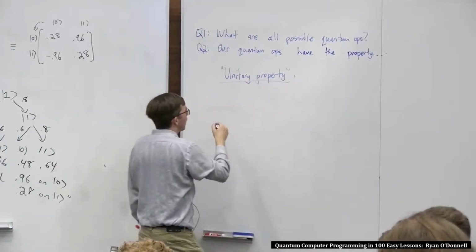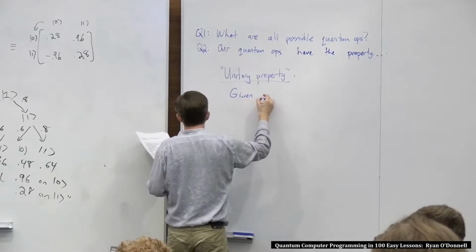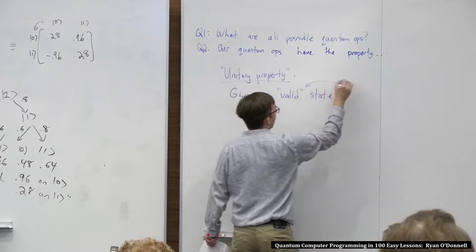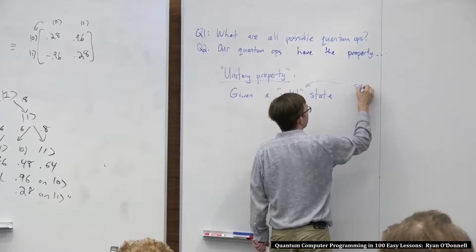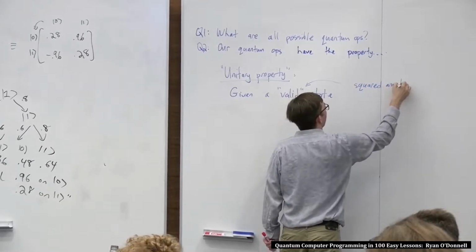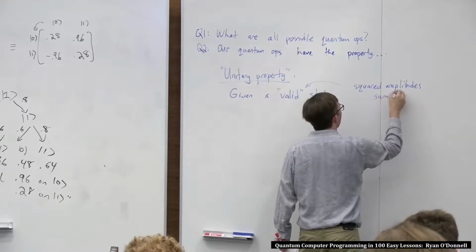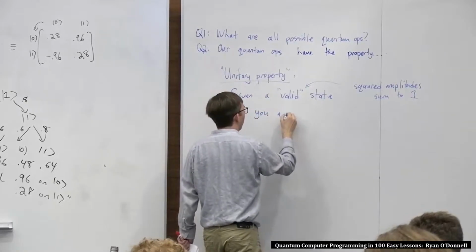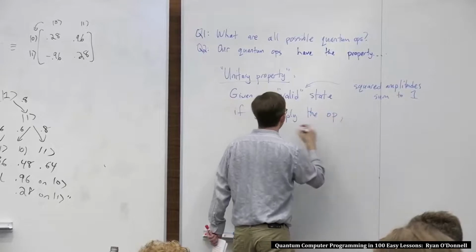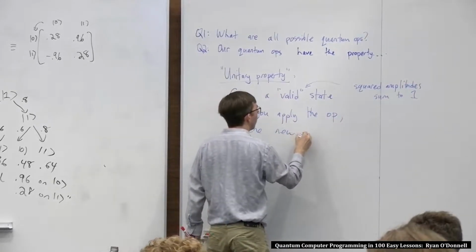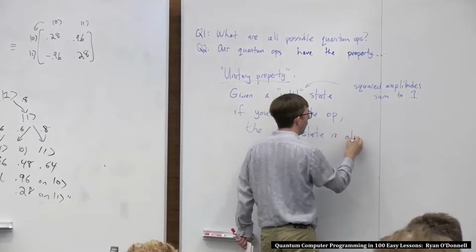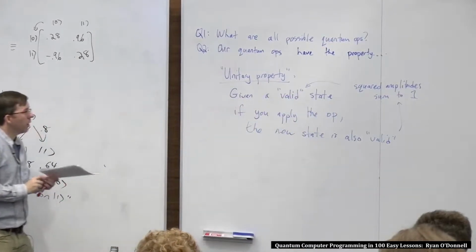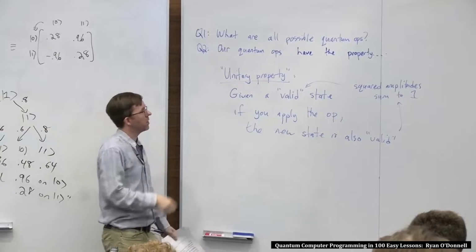Given a valid state, and by valid I mean one that obeys the laws of quantum mechanics, so squared amplitudes sum to 1, if you apply the operation, the new state is also valid in the same sense. So it preserves the sum of the squares of the amplitudes.